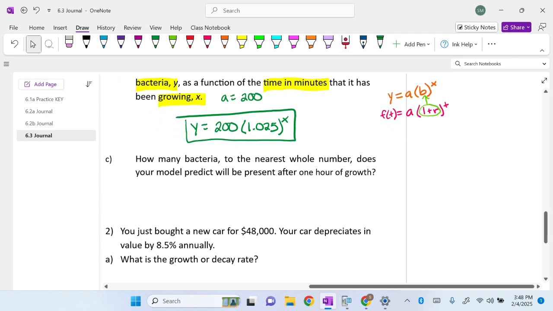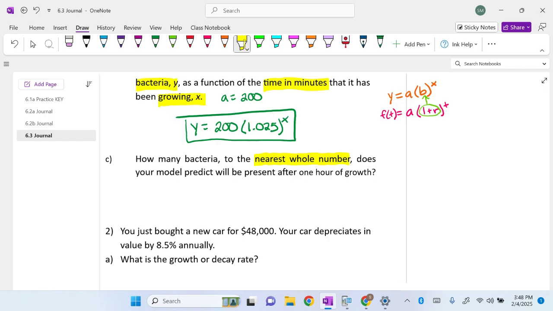Now, how many bacteria to the nearest whole number does the model predict after 1 hour of growth? Be very careful about this one. To the nearest whole number, so that's what we're rounding to.